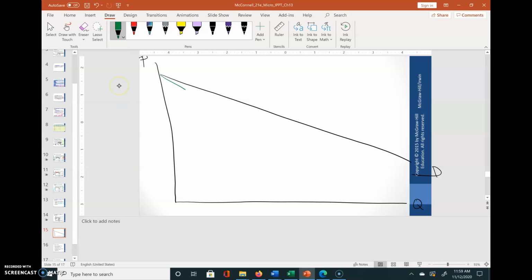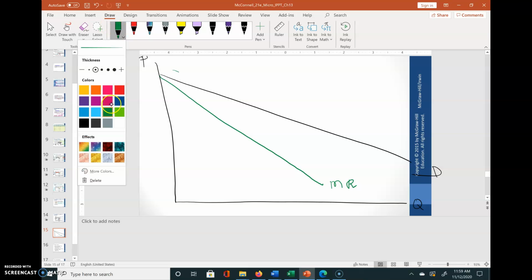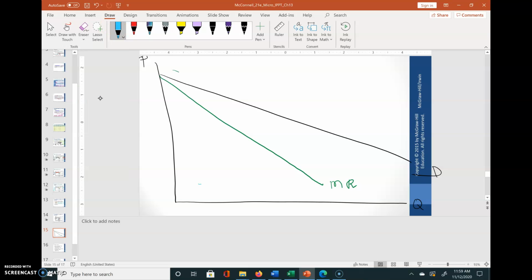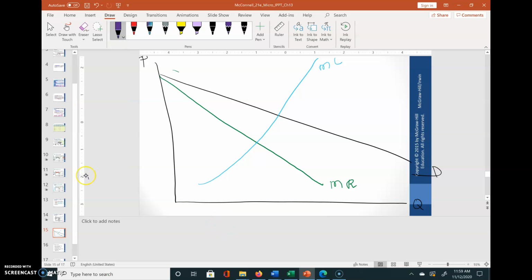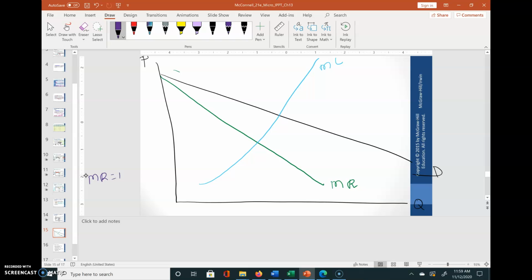The next thing I have is the marginal revenue curve, trying to keep it as straight as possible. Next thing I have here is the marginal cost curve. You know what comes next. MR is equal to MC, and we find the output level, which is here.